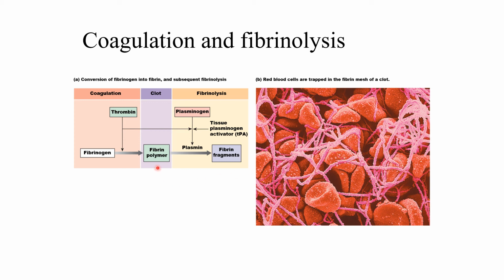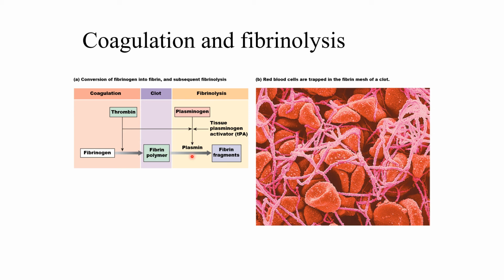To do that, we need to start breaking down the fibrin. To break down the fibrin, we need the help of an enzyme known as plasmin. Plasmin is going to break down the fibrin and therefore break down the clot. To get the plasmin enzyme, thrombin and tissue plasminogen activator, TPA, convert an inactive protein known as plasminogen into its active form known as plasmin.